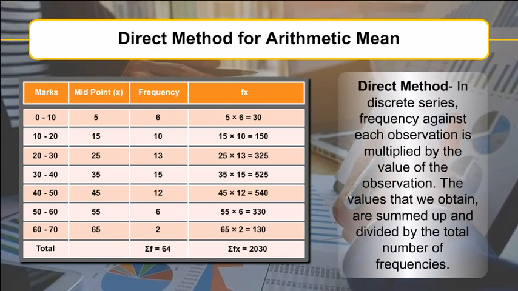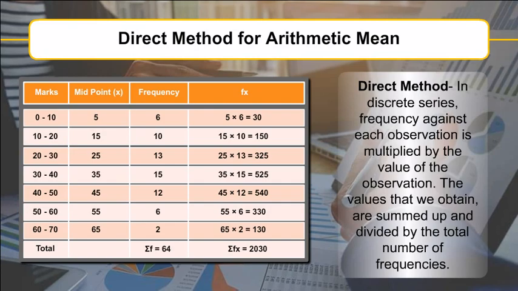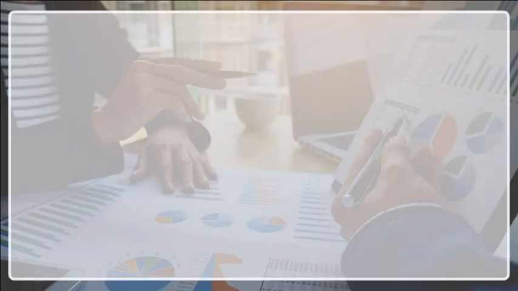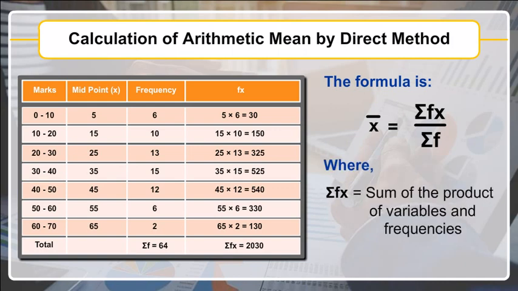The values that we obtain are summed up and divided by the total number of frequencies. The formula is x bar equals summation fx upon summation f, where summation fx is the sum of the products of variables and frequencies, and summation f is the sum of frequencies.